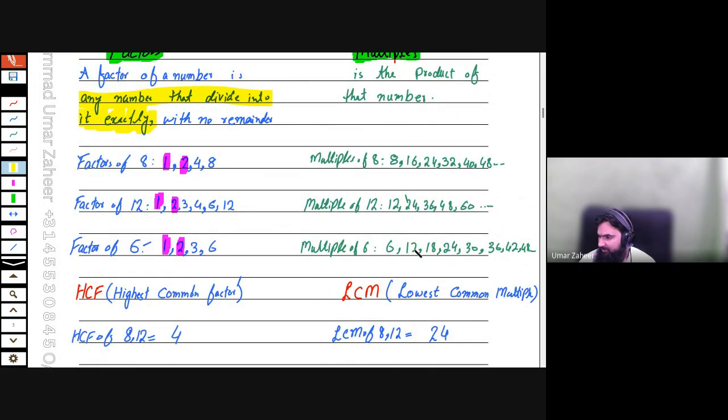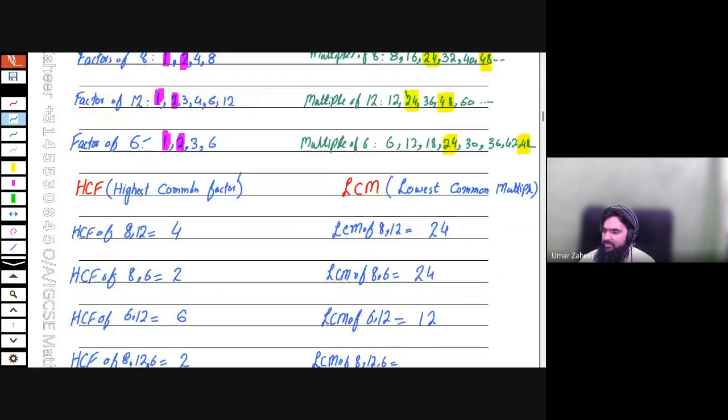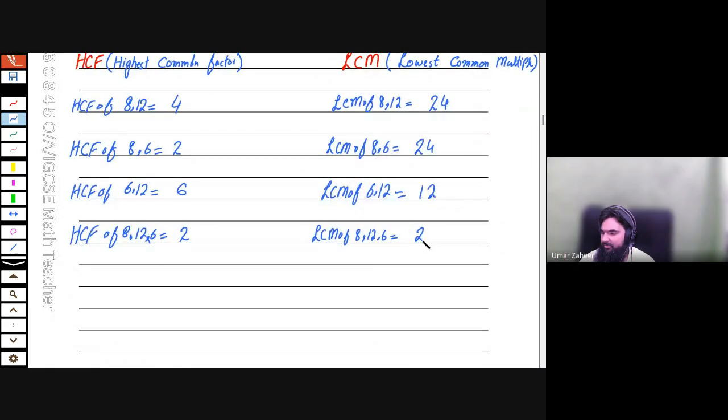So we have 24, then we have 48, and obviously we have some more. So the smallest one in this case is 24.